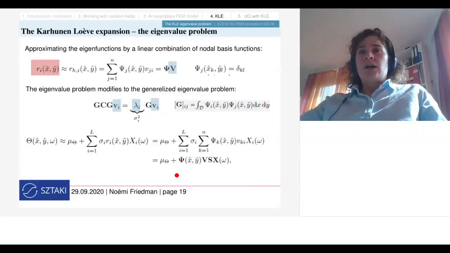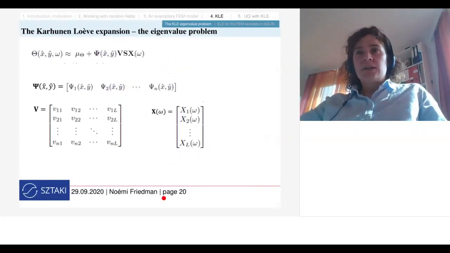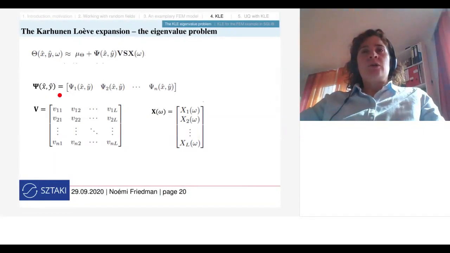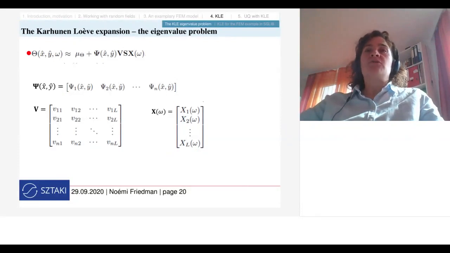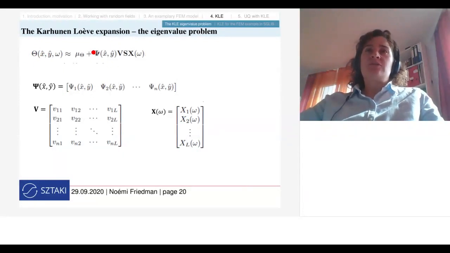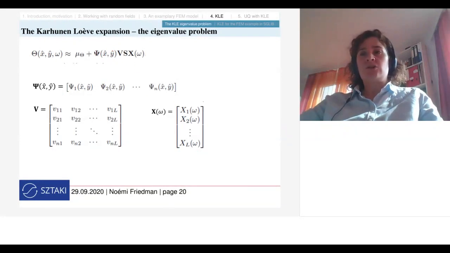I show you this in matrix form. So this is how the different matrices look. Now I have a random vector, and this random vector is mapped to a Gaussian field. And now I separated the representation of this theta field into spatial functions and stochastic functions.